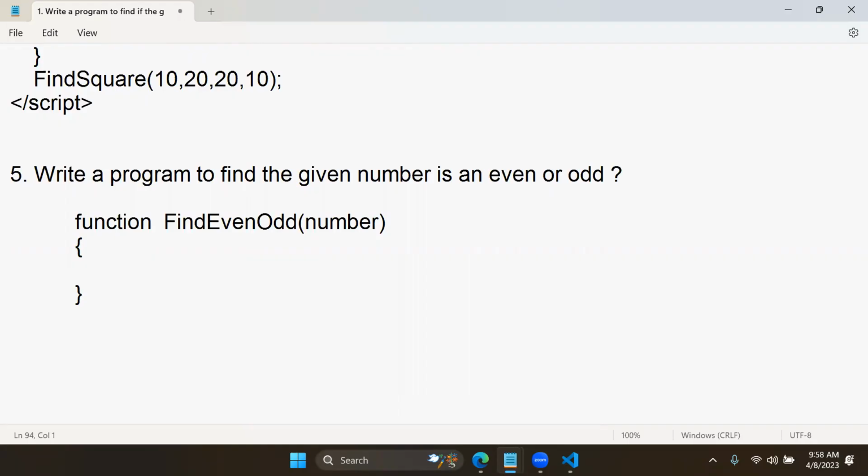How is a number verified as even or odd? Comparison.